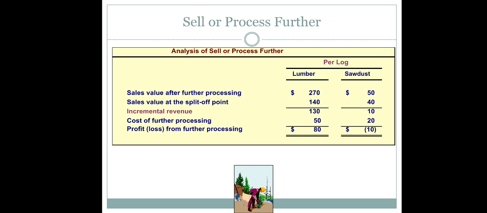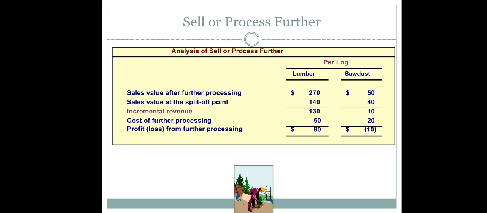But for sawdust, see here. For sawdust, if the business sells the sawdust as is, the value of sales is $40. But if the business processes the sawdust further to become presto logs, then the revenue or sales is $50.